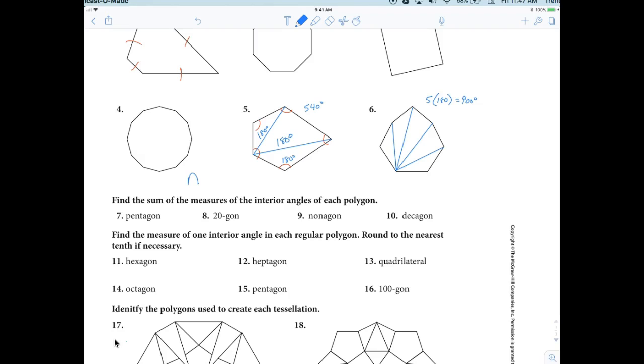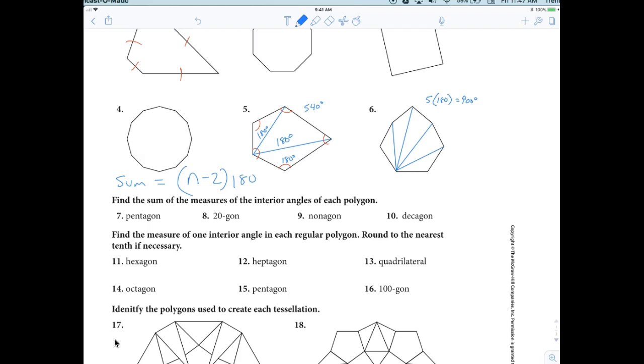To find the sum of the angles, you take n, subtract 2, and then multiply by 180. The sum of the interior angles is always (n minus 2) times 180. Again, what does n represent? Yes, n represents the number of sides.